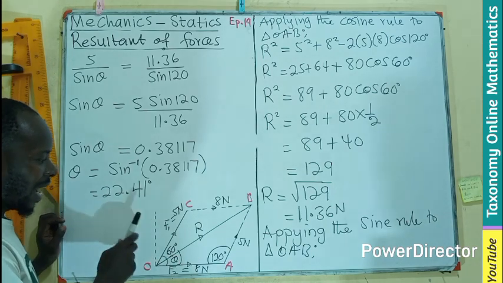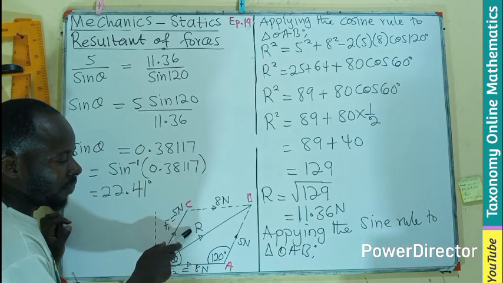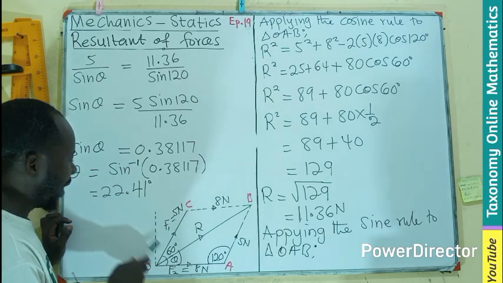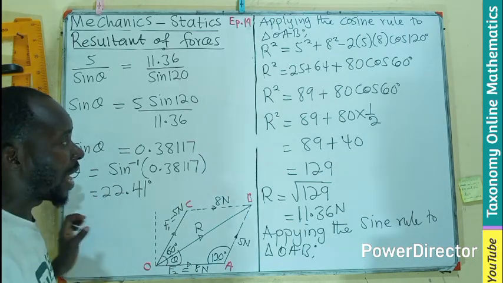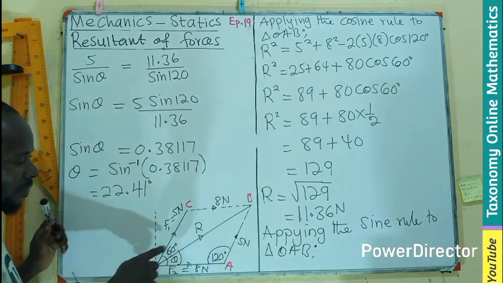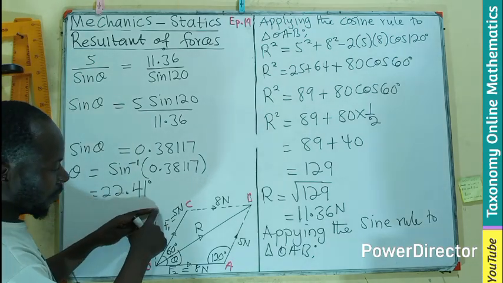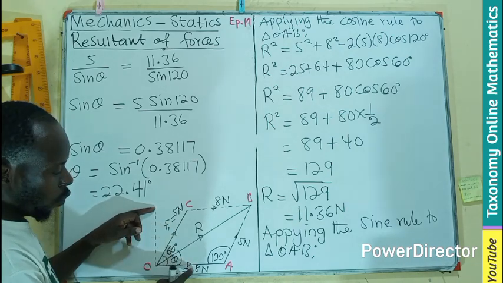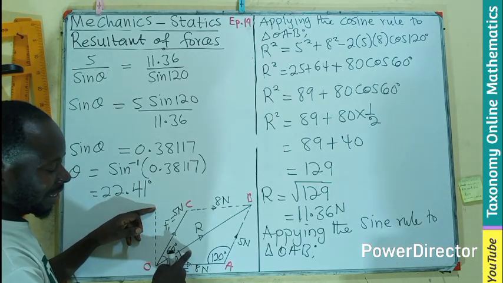Remember this theta is just here. So we can say that the angle the resultant force made with force 2, the force of magnitude 8, is going to be 22.41 degrees. But we are asked to find a direction, and the direction of the force is always measured from the north. So from here all the way to this place is 90 minus the theta.